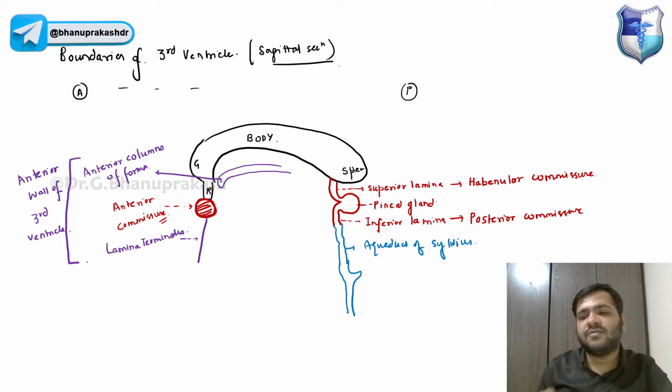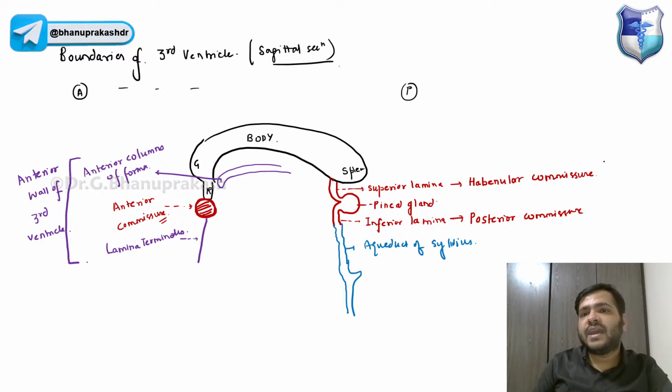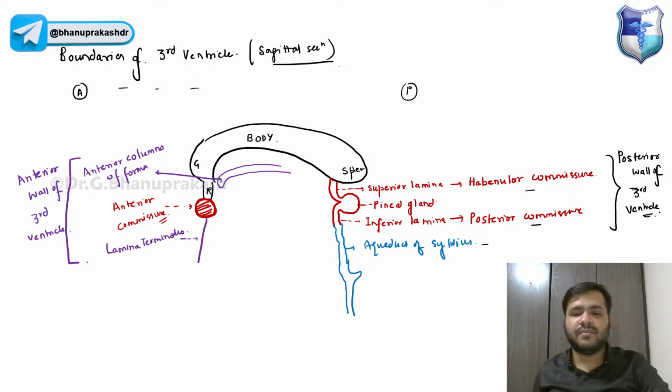It continues into the fourth ventricle, right? So all these structures over here, the habenular commissure, the posterior commissure, and the aqueduct of Sylvius, basically form the posterior wall of the third ventricle.